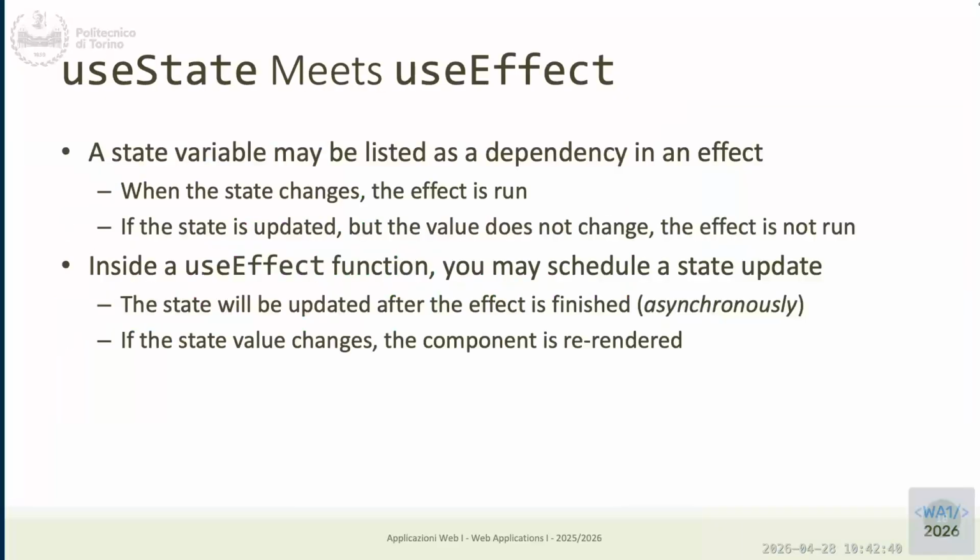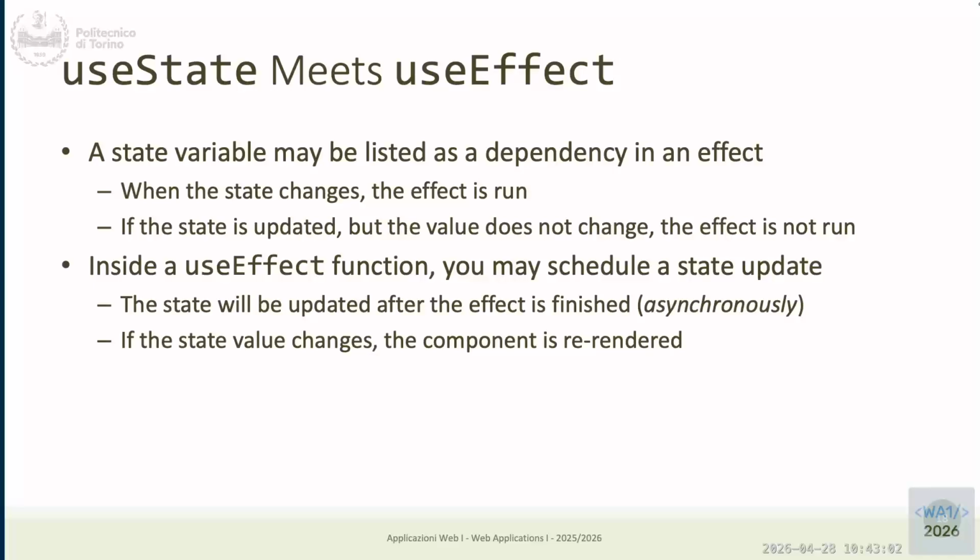The other way around is that inside the useEffect callback, I can call a state change function, a set number, set user, set answer, whatever. That will change a state variable, or it will schedule the change of a state variable.